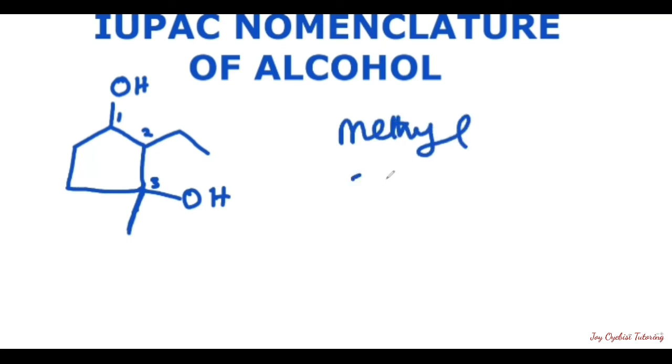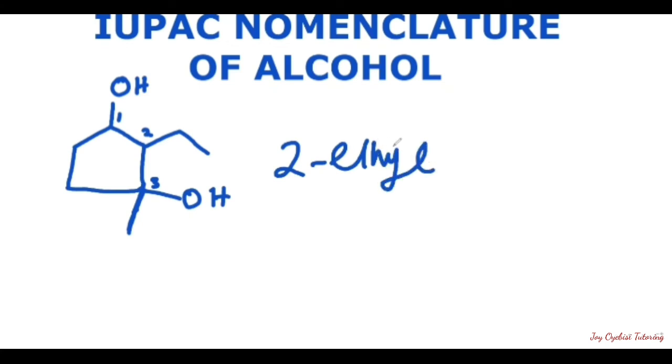So we have methyl and ethyl. Now, M and E, you have to put them in alphabetical order. Okay, so E comes first before M, so it means you're starting with the ethyl group. So the name of this compound will be 2-ethyl, then 3-methyl, and you have 2 alcohols.